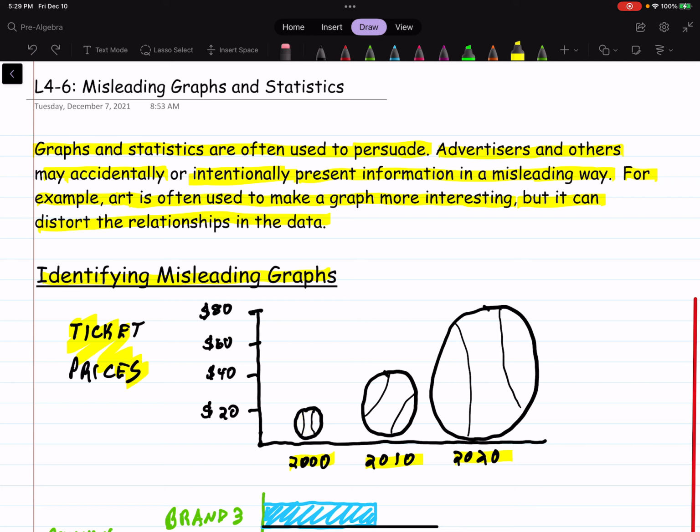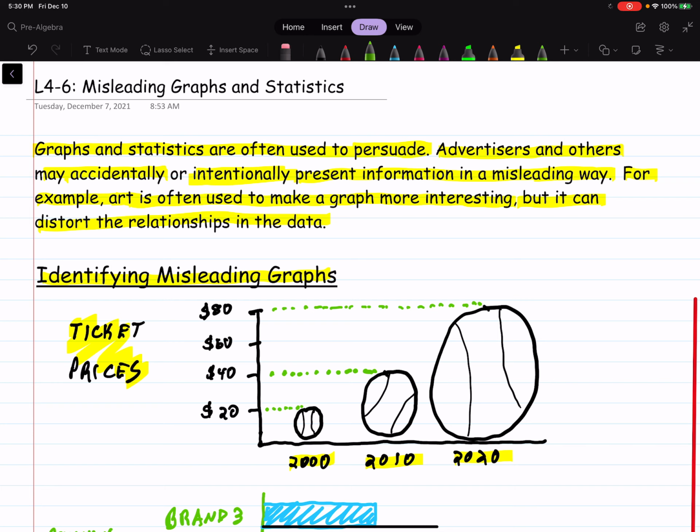And if you can see, what we're trying to reach here is what is the height. So in 2000 we had a $20 ticket. In 2010 we had a $40 ticket, and in 2020 we had an $80 ticket.